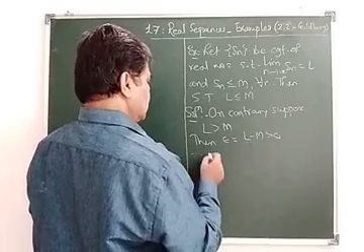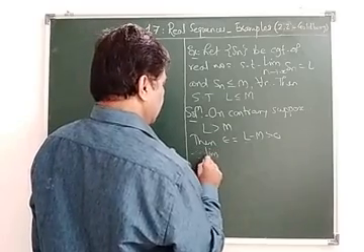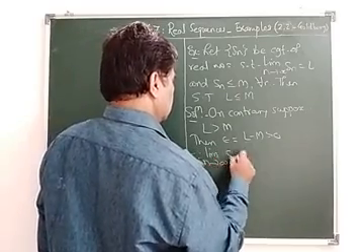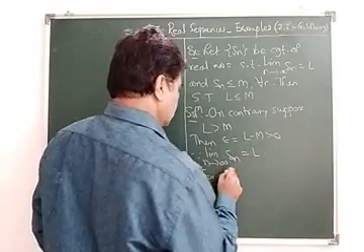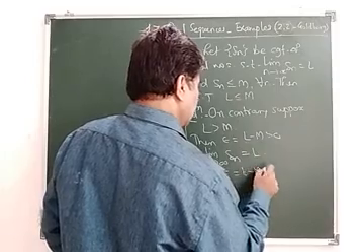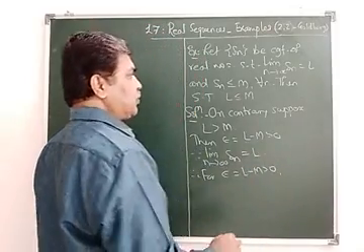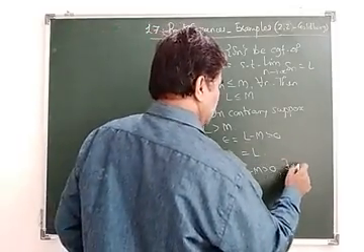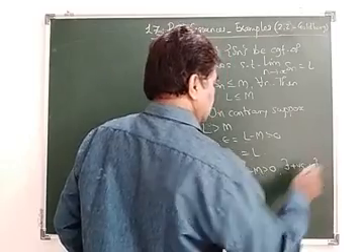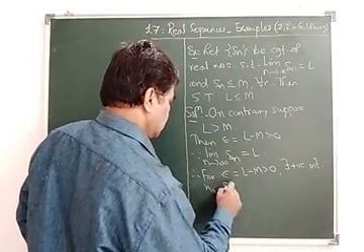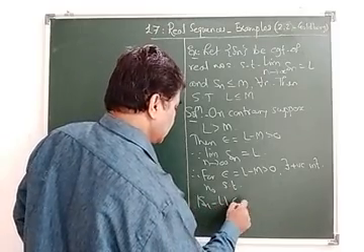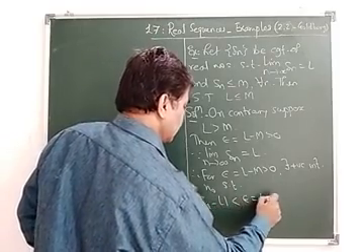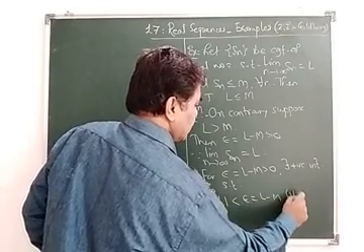Now since the limit of Sn is equal to L, therefore for epsilon equal to L minus M greater than 0, there exists a positive integer n naught such that the mod of Sn minus L is less than epsilon, equal to L minus M, for any n greater than or equal to n naught.